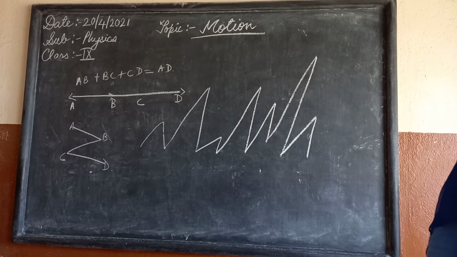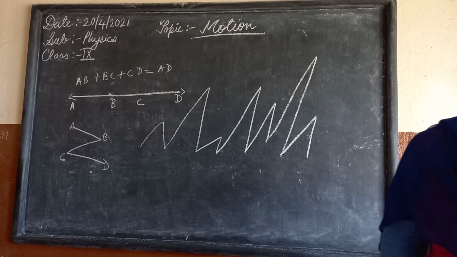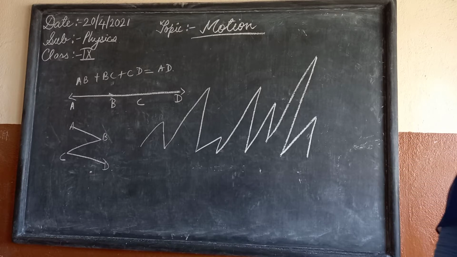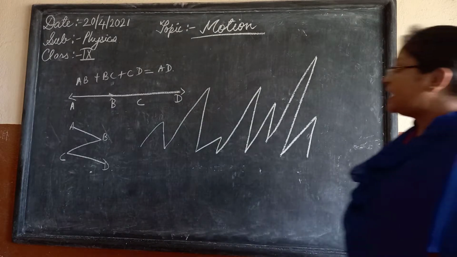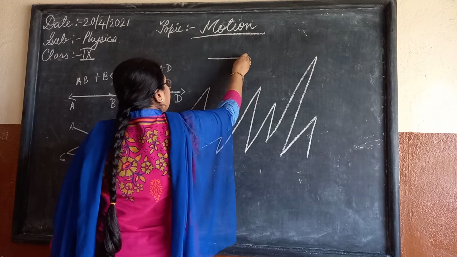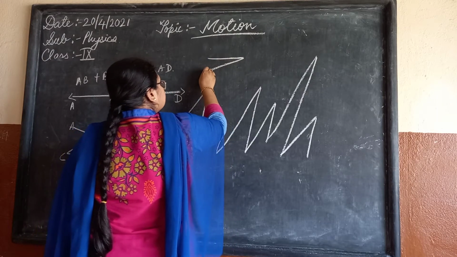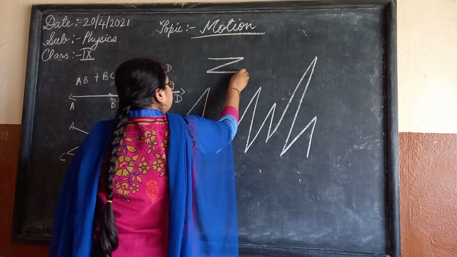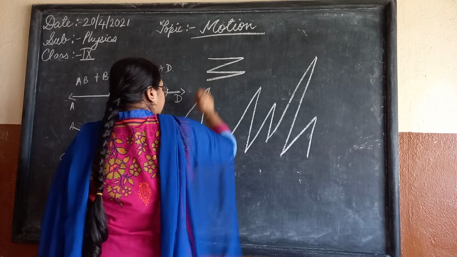Some questions are given here. An object can move through a distance. Can it give a zero displacement? If yes, support your answer with an example. Yes, it can have zero displacement. Why? Because if we are moving like this, and just like this again, and just like this again. Clear? So what will happen?